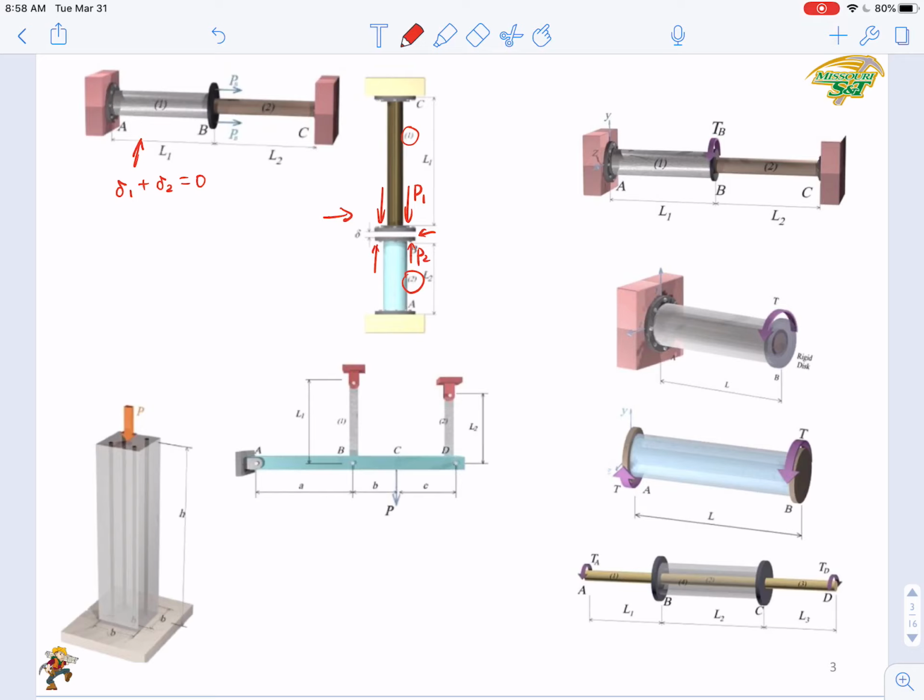The force has to be big enough to close the gap so that this problem is meaningful, right? So in that case, the compatibility condition can be written as delta 1 plus delta 2. So what is the overall deformation in this case? It's not 0, right? The overall value should be the gap.